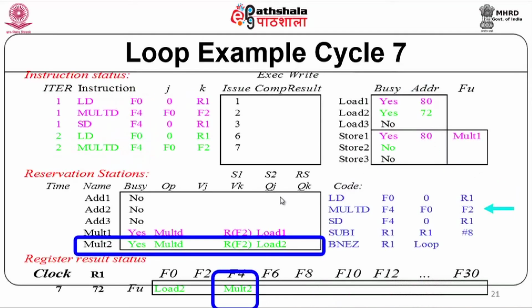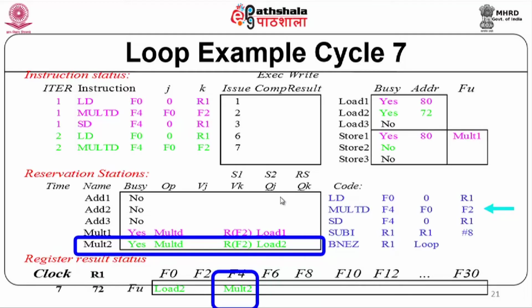If you look at the next clock cycle, clock cycle 7, we are again issuing the multiply instruction, this time from the second iteration, because the loop has already been dynamically unrolled based on the branch predictor. Your load instruction has already been issued from the second iteration, and now we are issuing the mul instruction from the second iteration. You find that a multiply reservation station has been allocated. Of course, both the operands are not available. The F2 operand, which is a constant value, is anyway available.